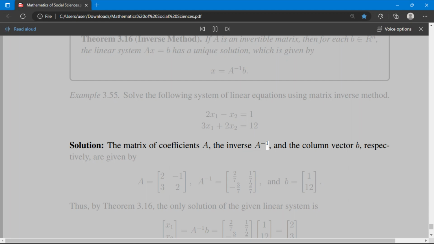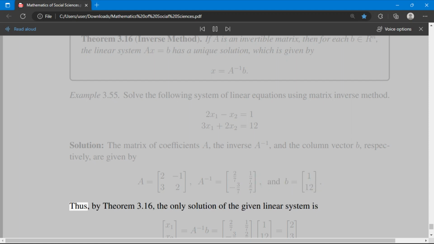Solution: the matrix of coefficients A, the inverse A^-1, and the column vector B, respectively, are given by A = [2 -1; 3 2], A^-1 = [2/7 1/7; -3/7 2/7], and B = [1; 12].